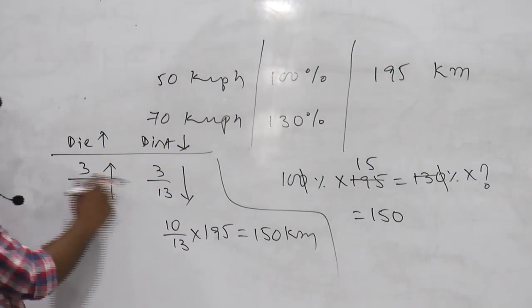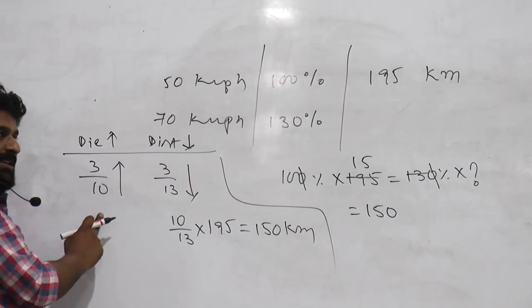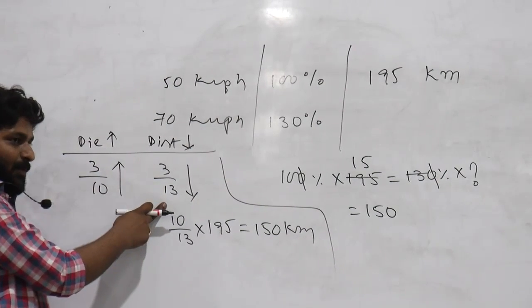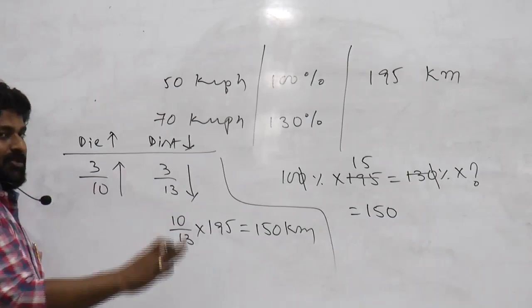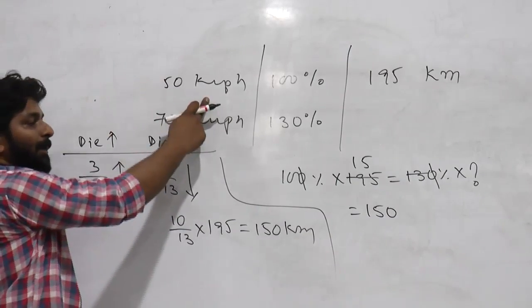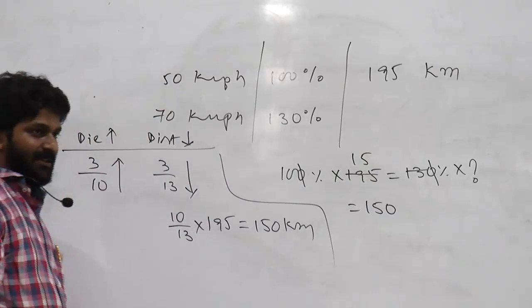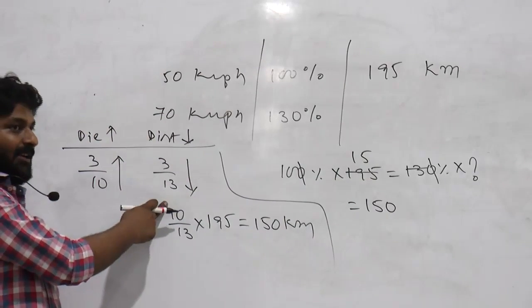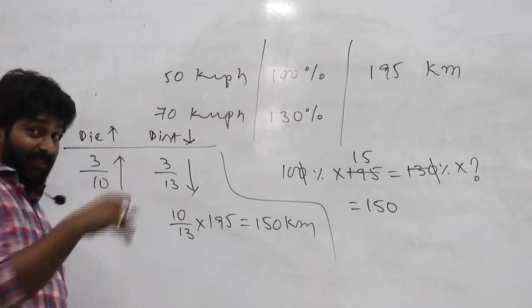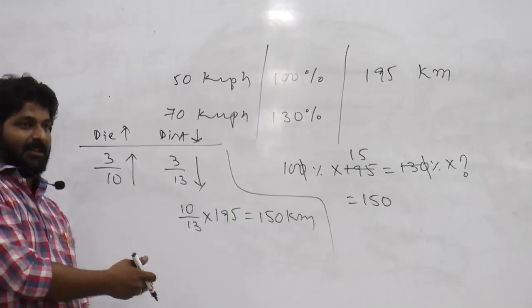So distance decreases. For always, an increase of x by y means there will be a decrease of x by x plus y. With the usual rate, that is 50 km per hour, using 10 liters you can cover 195 kilometers distance, but the distance decreases by 3/13. If it decreases by 3/13, it becomes 10/13.